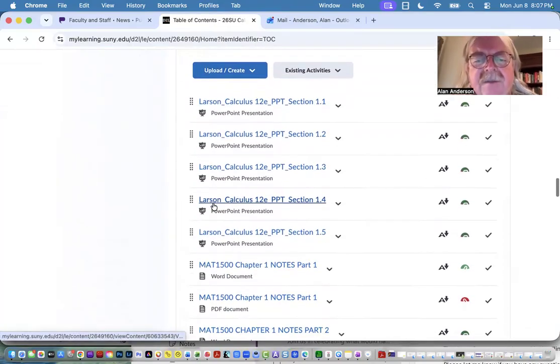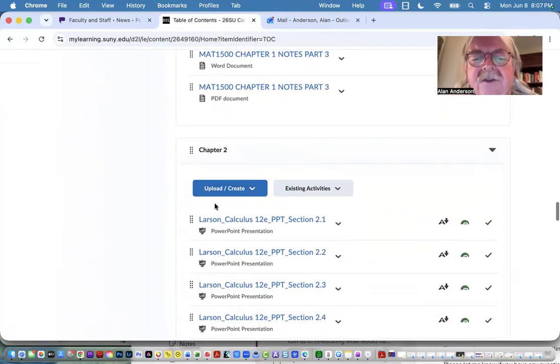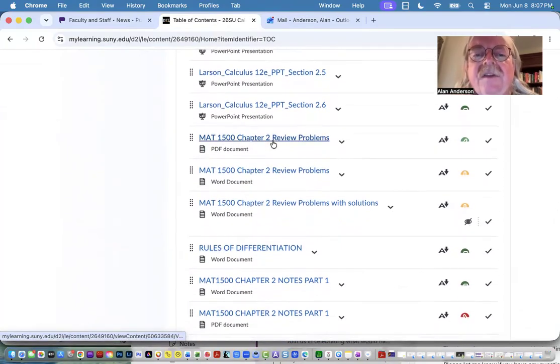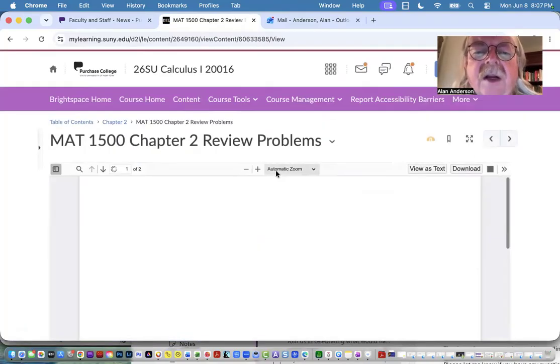We have chapter one here. And then the one we're in now, chapter two, at the very end, I've got review problems. What are they doing there? Well, in case you're not getting enough practice with the book and with the videos and WebAssign, I've got problems that should help you learn the material. And we'll go over these as soon as we're done with chapter two, just to get you some more practice. So you can start working them right now if you want. In fact, let's open up the chapter two review problems and see what's in there.